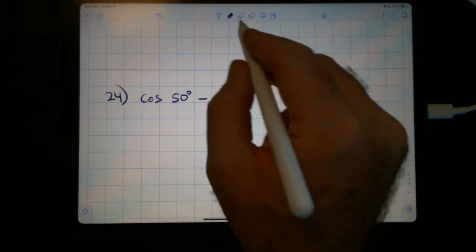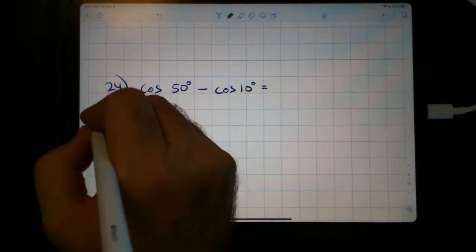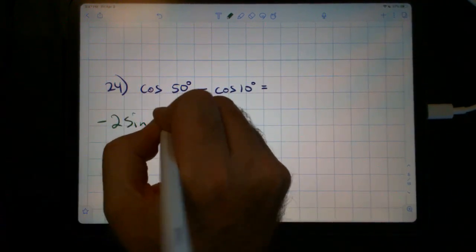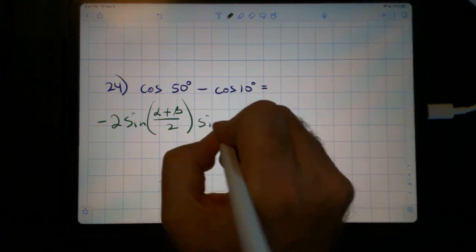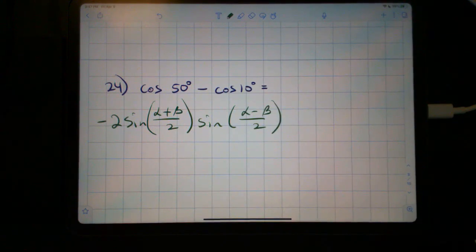So this has the basic structure of negative 2 sine alpha plus beta over 2 times sine of alpha minus beta over 2.